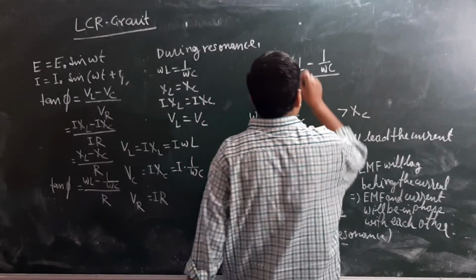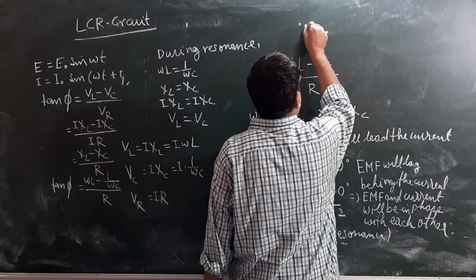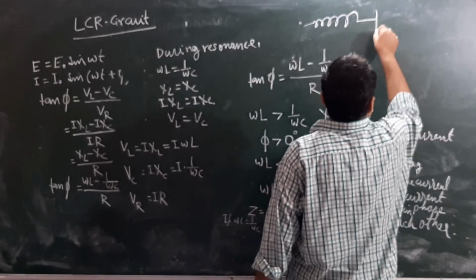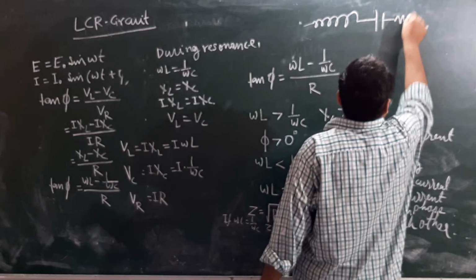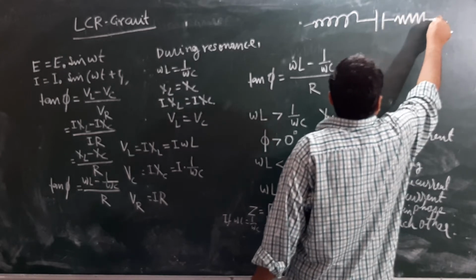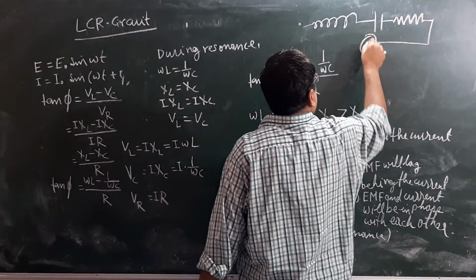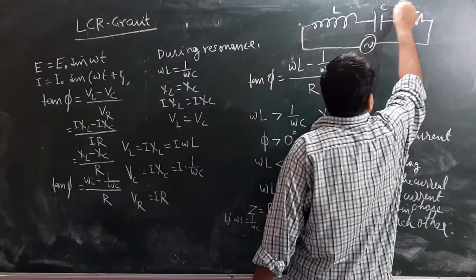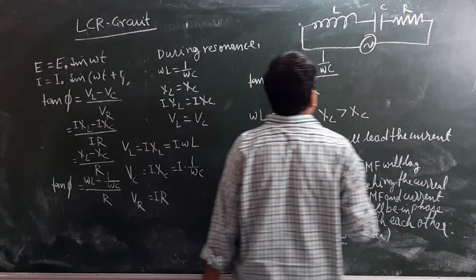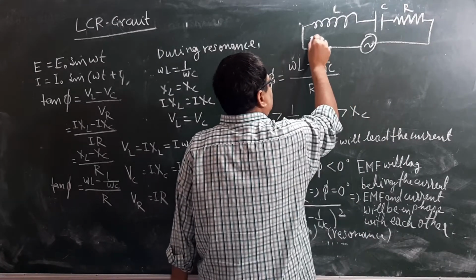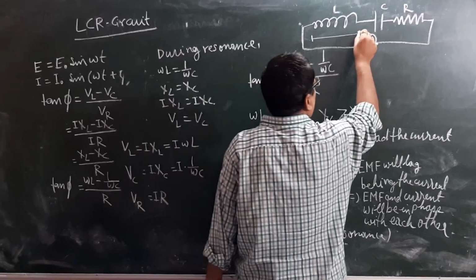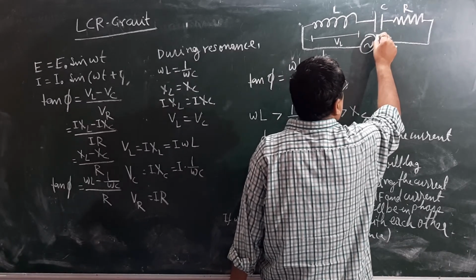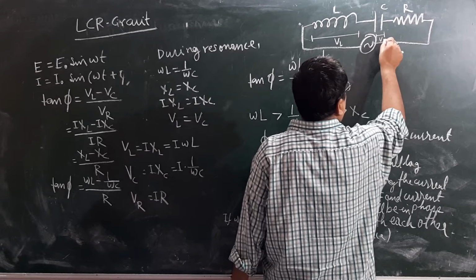If we draw the LCR circuit once again, here we will draw the inductor, here there is the capacitor, and here it is the resistance. So this is the LCR circuit, and the potential drop across the inductor is VL, and the potential drop across the plates of the capacitor is VC.